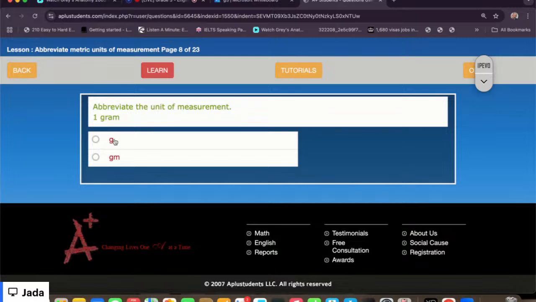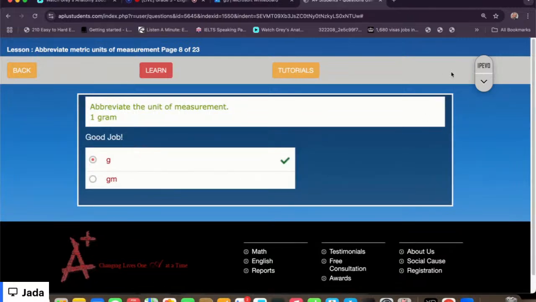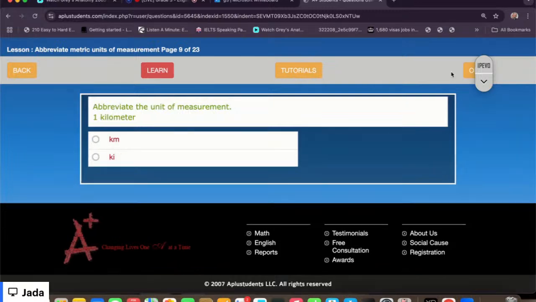So it is G, 1 gram. Okay. So 1 kilometer. What's the abbreviated form of 1 kilometer?